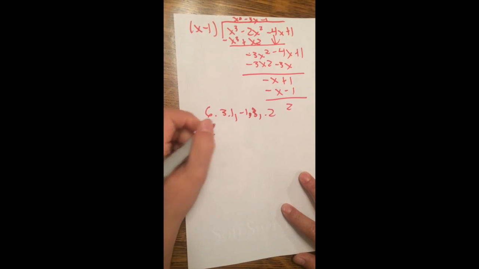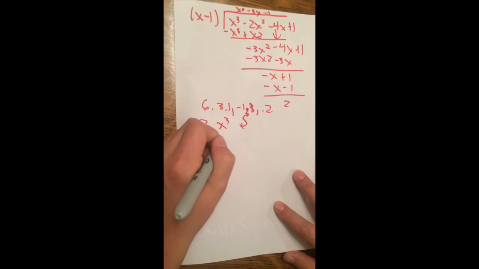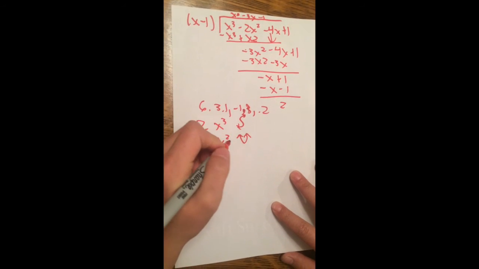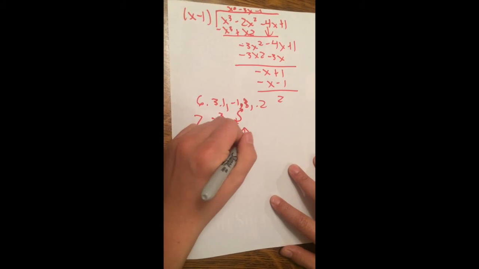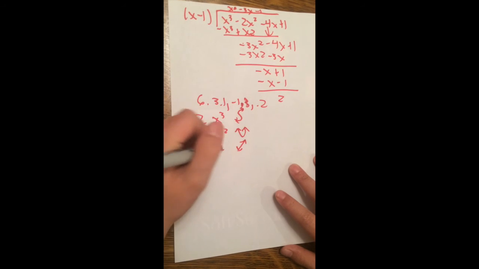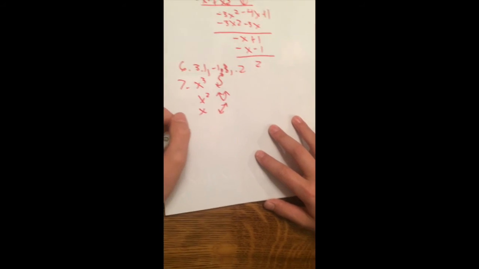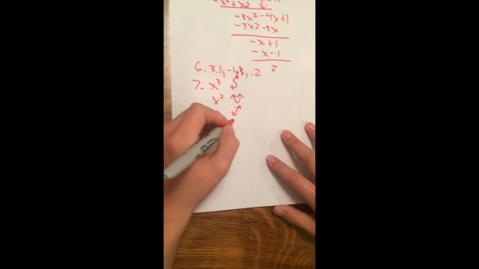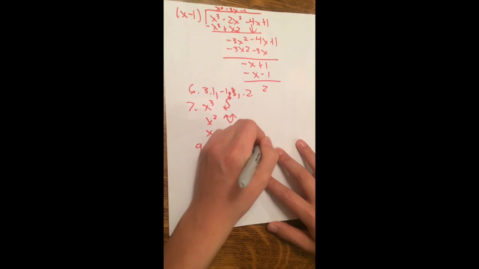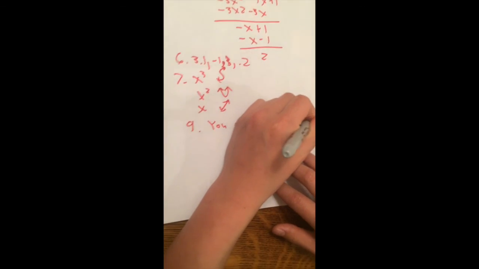For 7, x to the third is an S-curve, x to the second is a parabola, and x by itself is a diagonal line. And then for 9, you can't write this in factored form. And yeah, that's it.